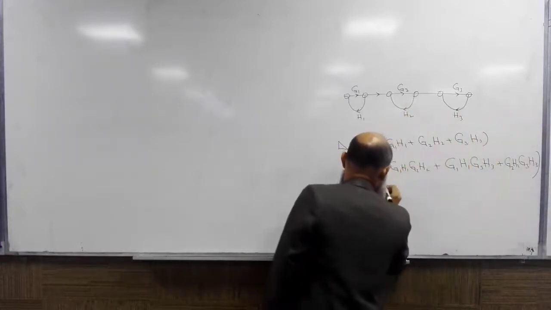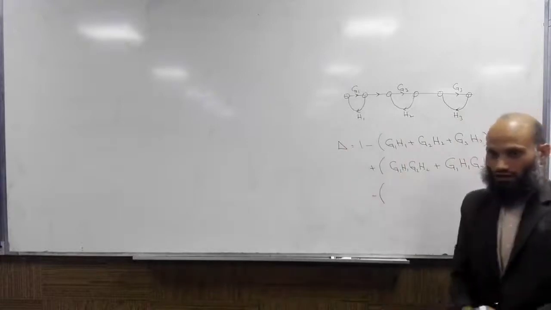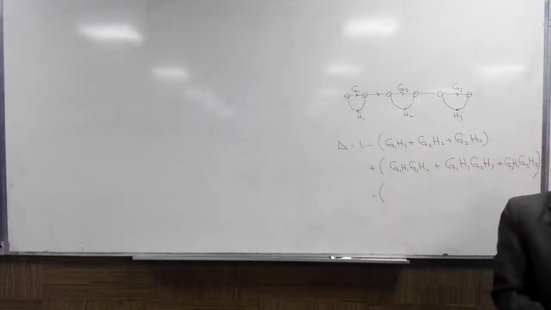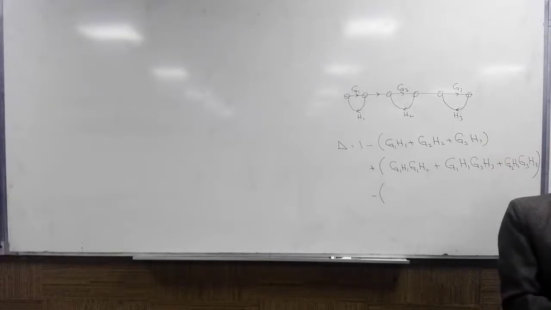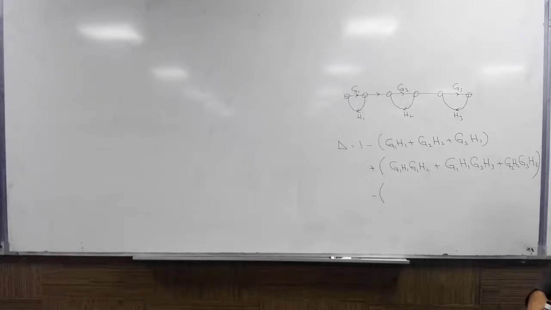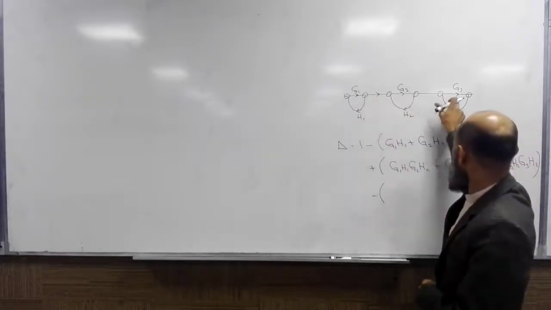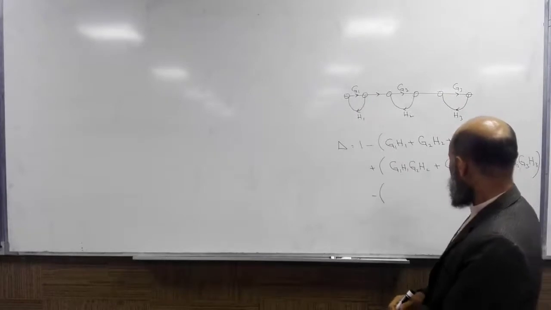And then sum of gain product of 3 non-touching loops, all combinations of 3 non-touching loops. Is there any combination of 3 non-touching loops? Yes, this one, these 3 loops are non-touching loops.